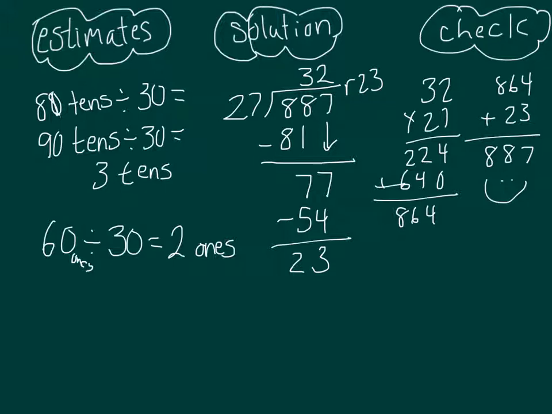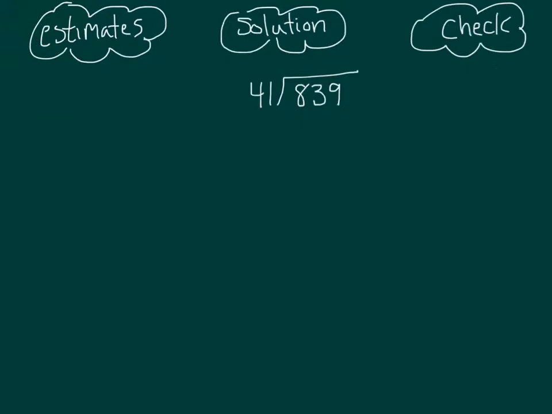Let's try one more that's going to be a little bit tricky. You ready? Great. All right, mathematicians, here's your challenge. 839 divided by 41. Solve this problem with a partner. As you finish each step, share your thinking with your partner.